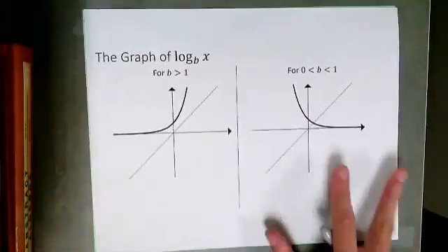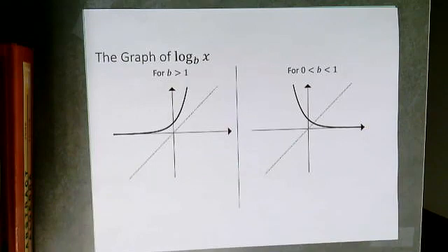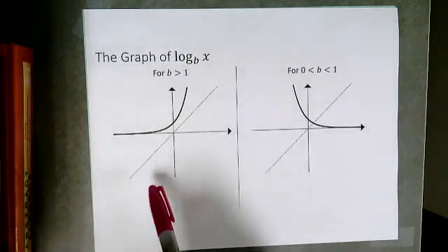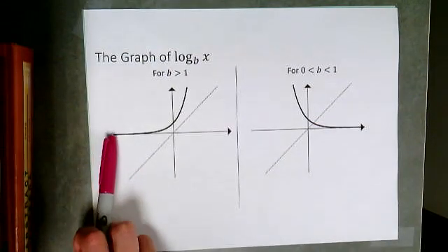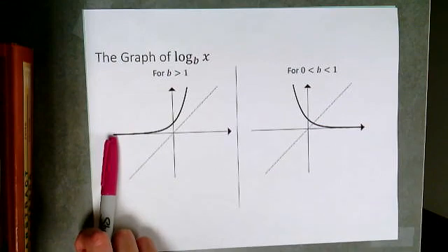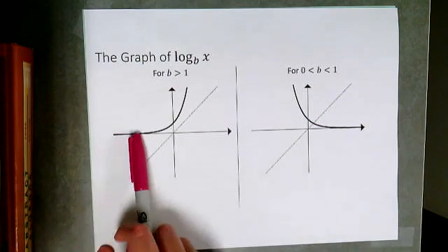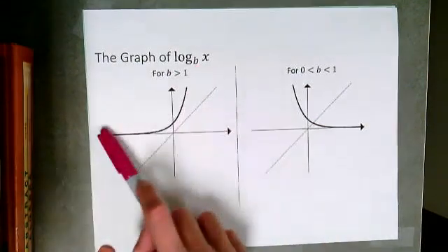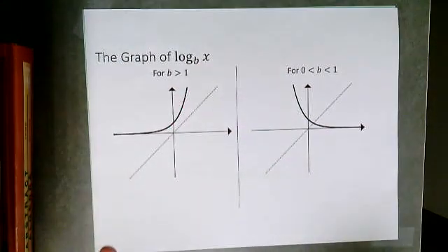Now let's look at the graph of log base b of x when b is bigger than 1 and for when it is a fraction. Okay. So let's look at this one first. For b bigger than 1, we actually don't look like this. This, if you'll remember, is the graph of an exponential function, y is equal to b to the x.